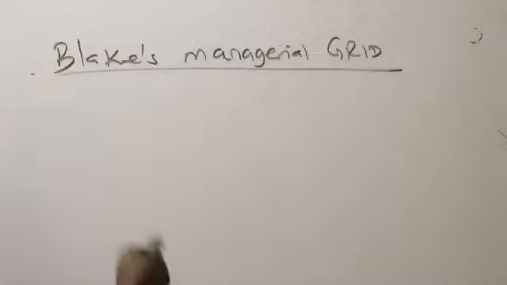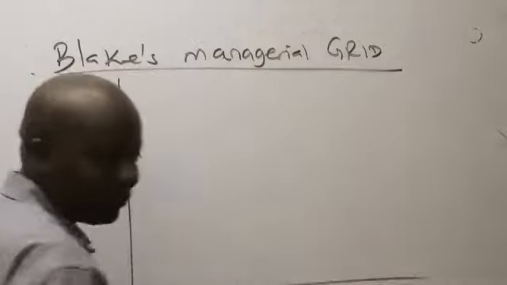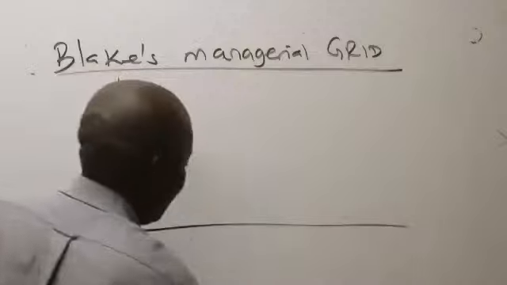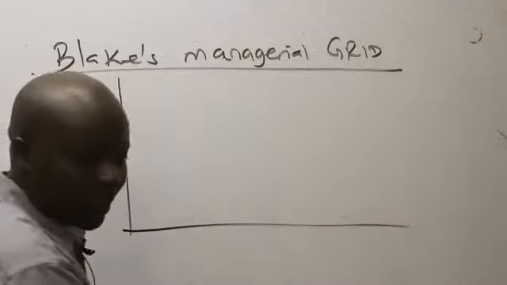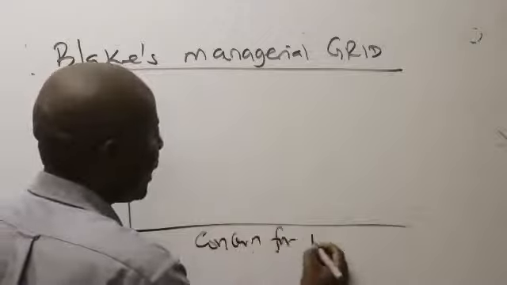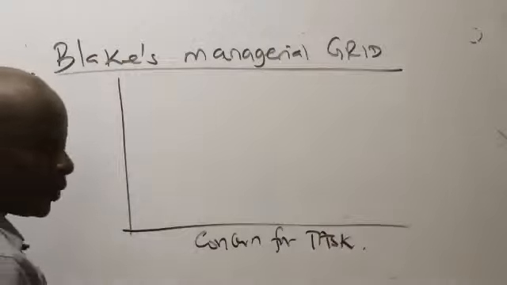So remember, you've got two axes. It's a grid, it's a graph. We have in this case here concern for who? For the tasks. Concern for the task.